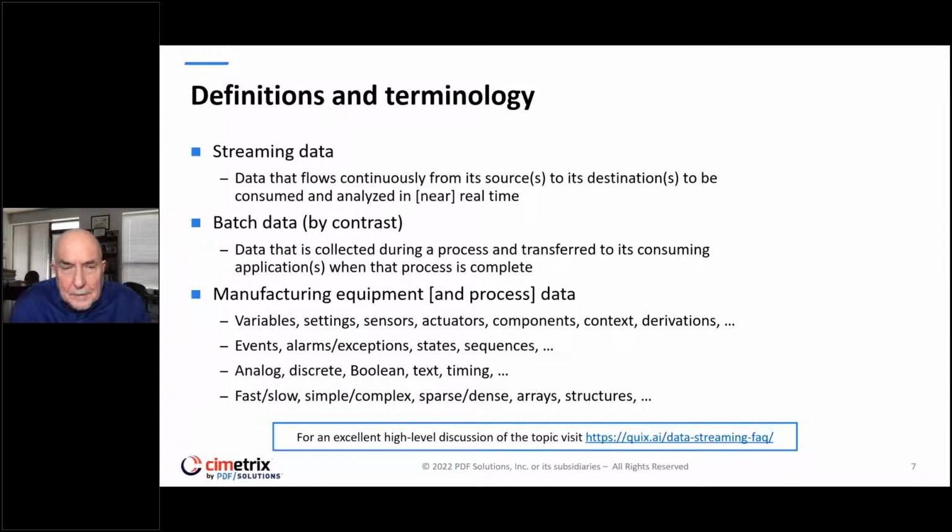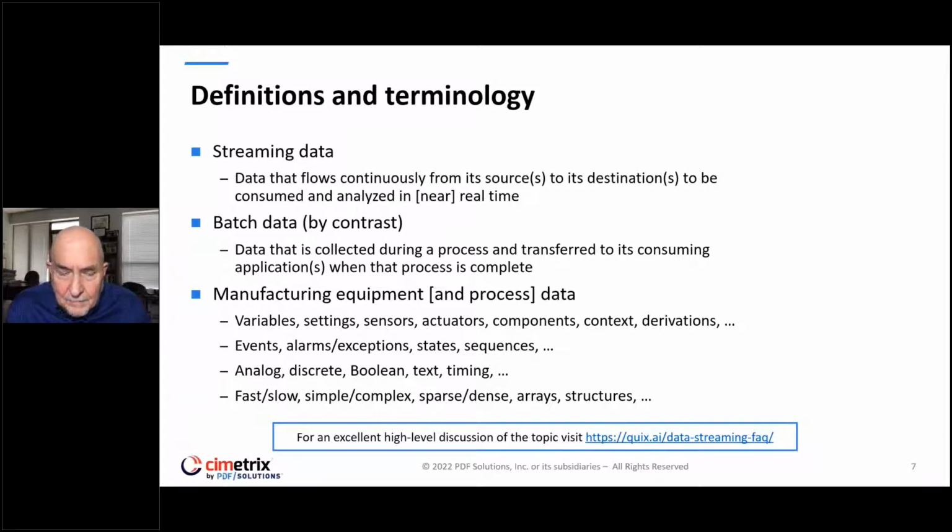All of this data can be streamed. The uses of them may be event types, alarms, exceptions, states, sequences. All of these things are candidates for streaming. They may take the form of analog values, discrete or Boolean values. They may be text, they may be timestamps.